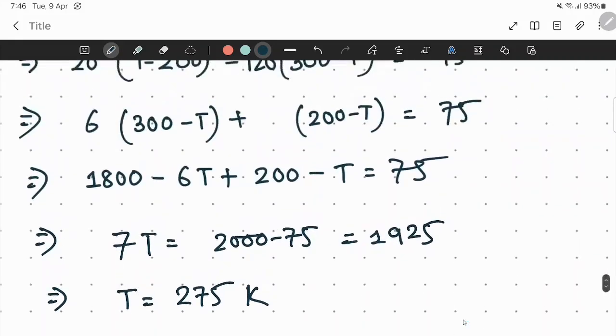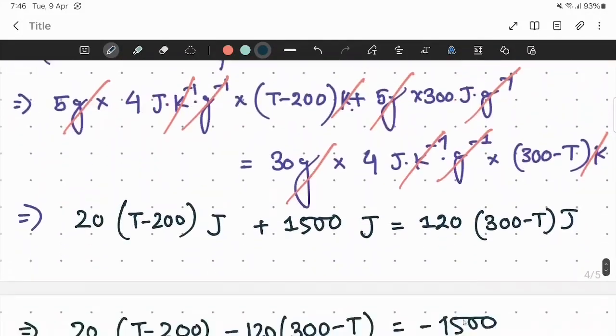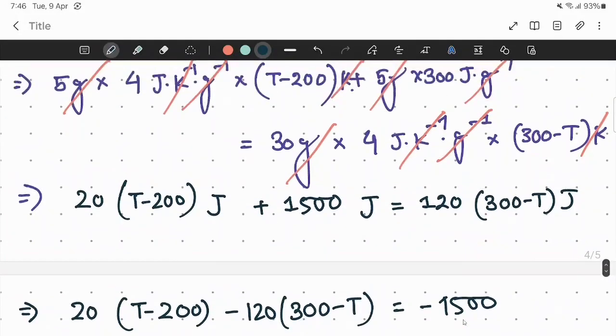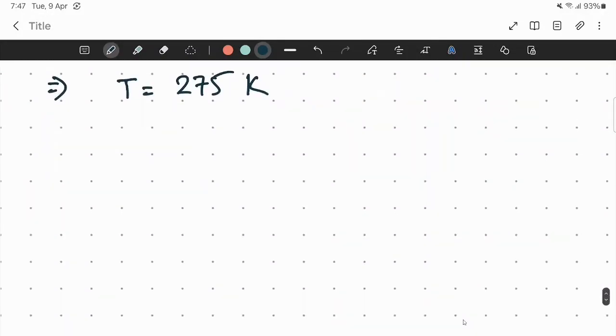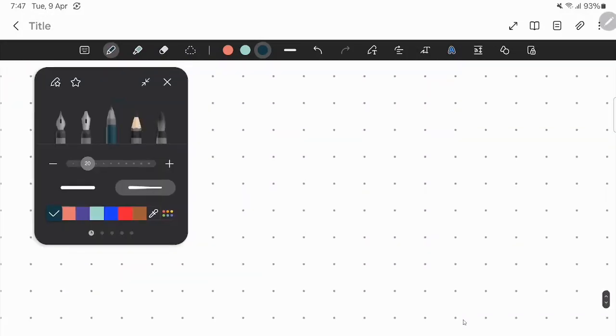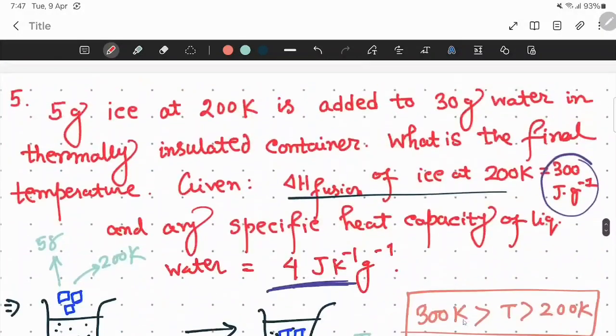I think this is correct. Let me check. If it is 275, then it is 75 into 20. Yes, sir, it is correct. So it was question number 5.